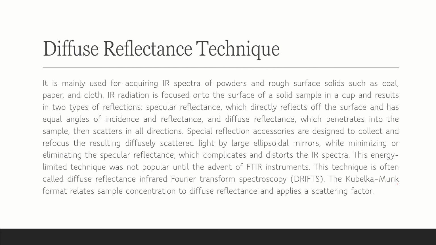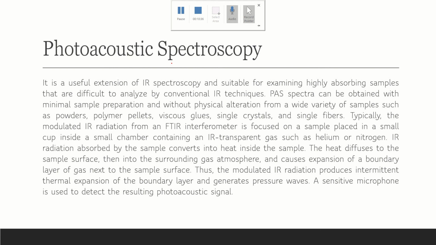When this technique is used along with FTIR, it is known as diffuse reflectance infrared Fourier transform spectroscopy, or DRIFTS. The third technique for sampling of highly absorbing samples is photoacoustic spectroscopy, which is used for polymer pellets, viscous glues, single crystals, single fibers, etc.